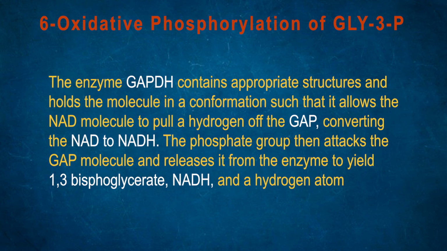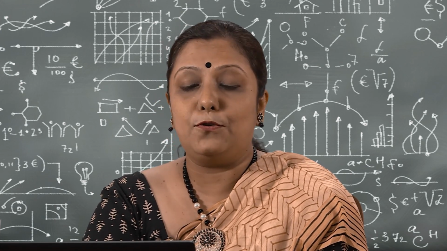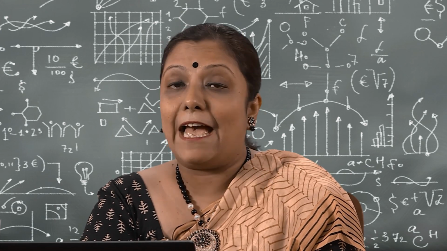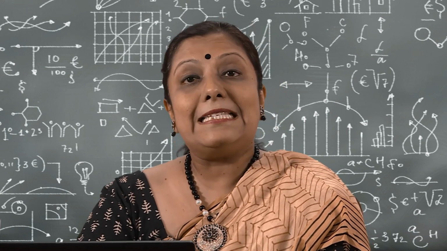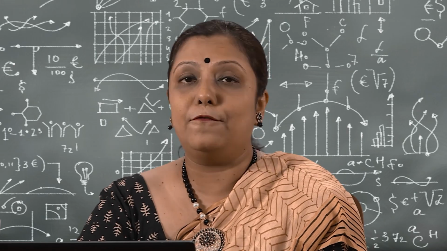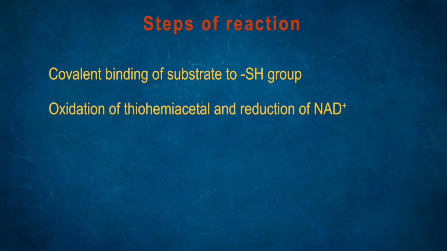The net energy change, delta G0, is equal to 6.3 kilojoule per mole. The enzyme has a thiol group, so it is inhibited by iodoacetate. The steps of reaction by the enzyme are covalent binding of substrate to thiol group, then oxidation of thiohemiacetal and reduction of NAD+, then phosphorolysis of thioester.